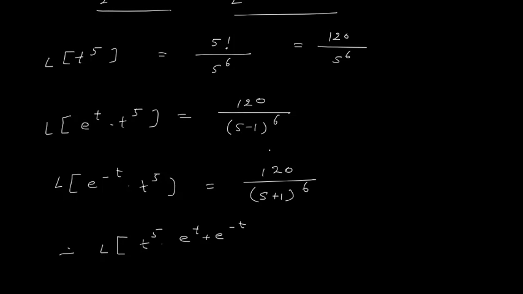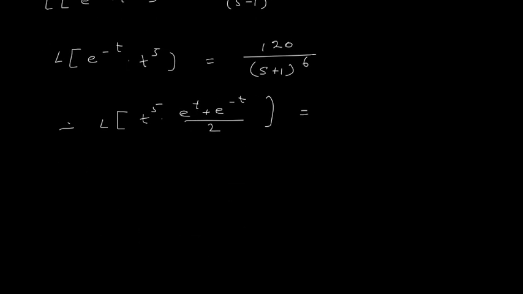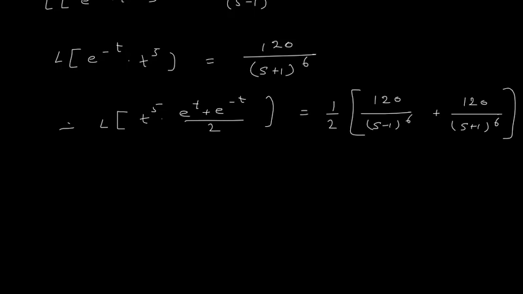So therefore I will say that Laplace transform of t power 5 into e power t plus e power minus t whole divided by 2 is equal to 1 upon 2 I will take out, and here inside the bracket I have 120 upon s minus 1 power 6 plus 120 upon s plus 1 power 6. So this is 120 upon 2 is 60, so 60 into 1 upon s minus 1 power 6 plus 1 upon s plus 1 power 6.